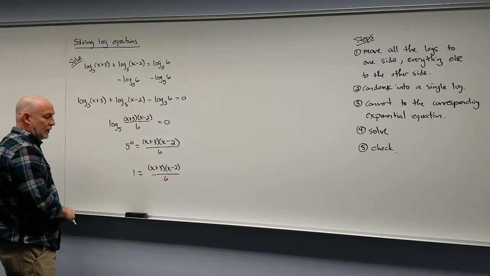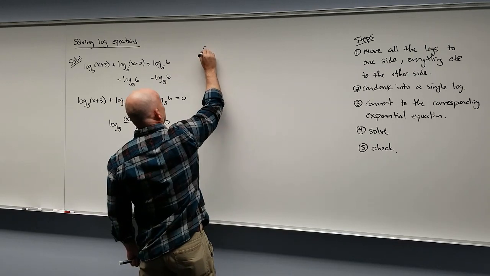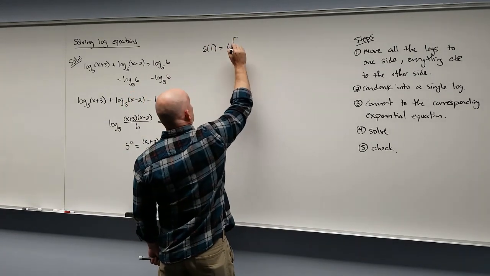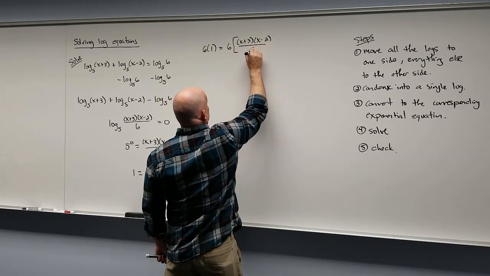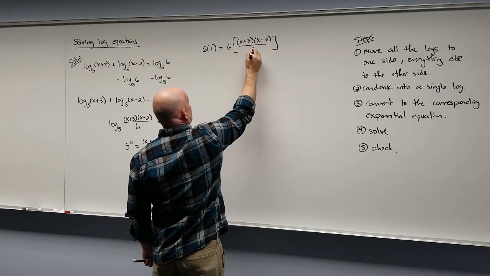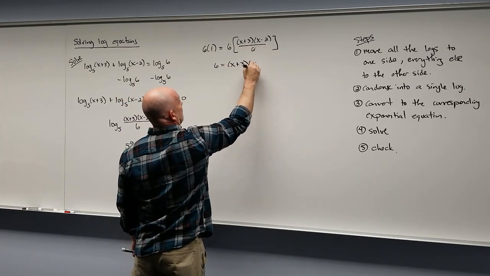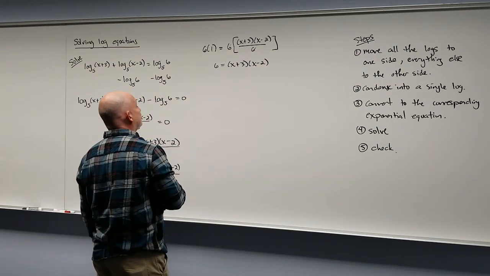And I don't like this fraction, so let's go ahead and clear the fraction. If we multiply both sides by 6, we get (x + 3)(x - 2) all over 6. On this side they cancel and we get 6 is equal to (x + 3)(x - 2). Well, that appears to be quadratic.